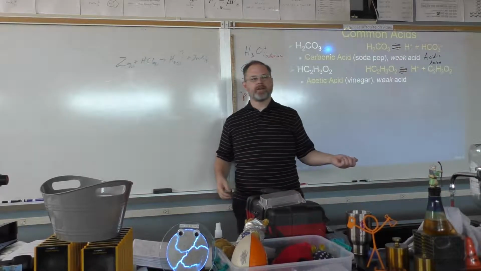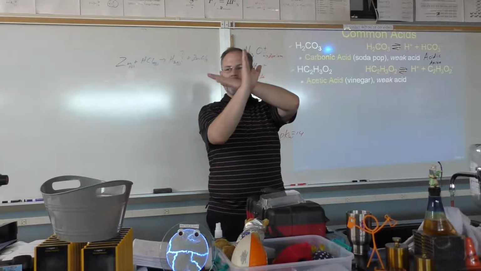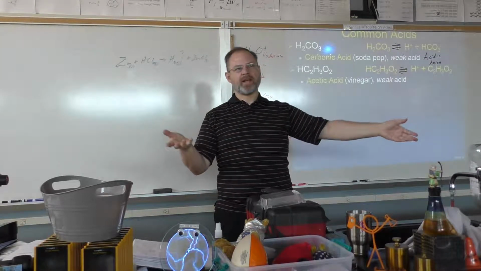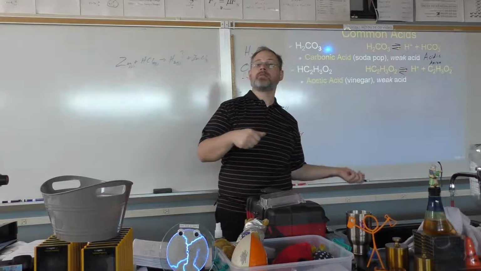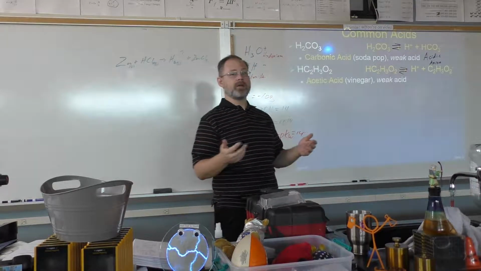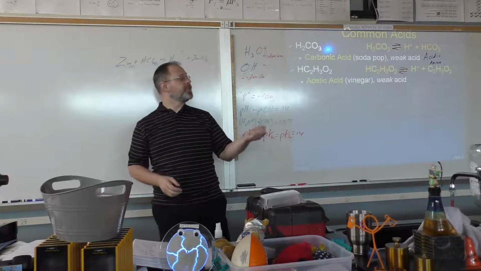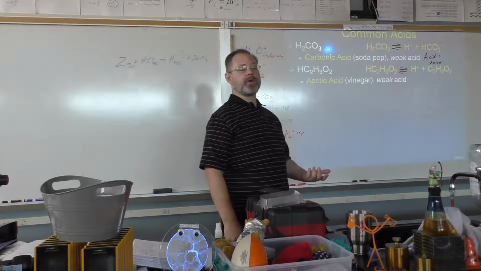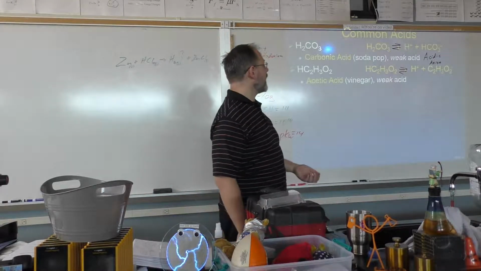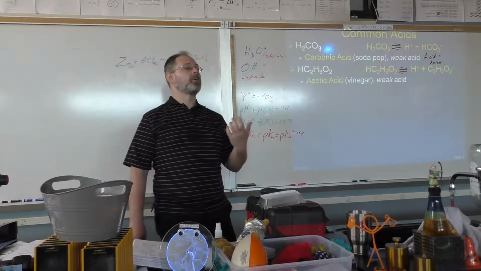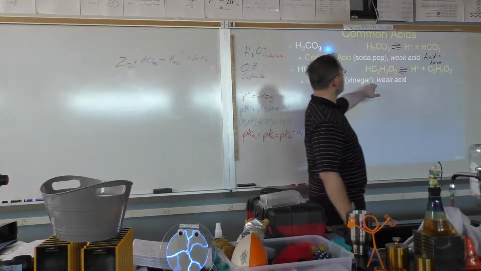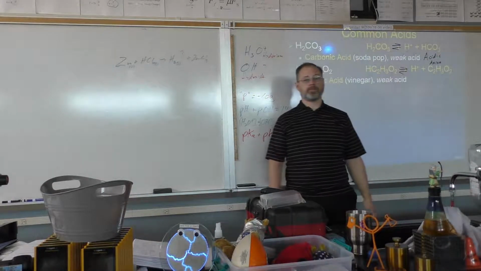Remember cations and anions? Cations are positive, anions are negative. An anion is a negative ion. So the acidic anion comes from the acid. But if you look at a bunch of acetic acid, there are a lot more molecules than there are acidic anions.